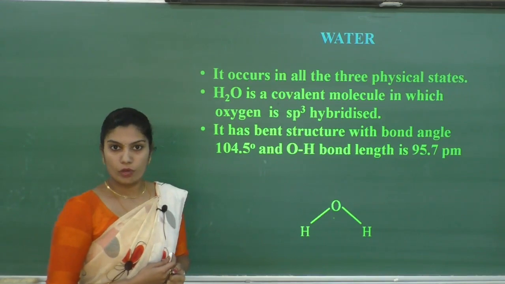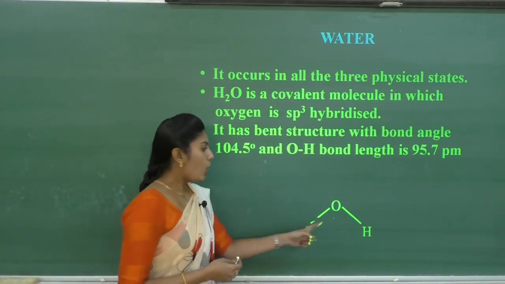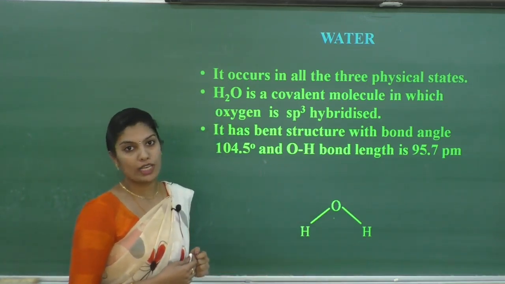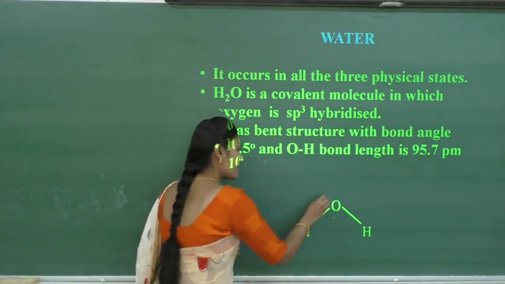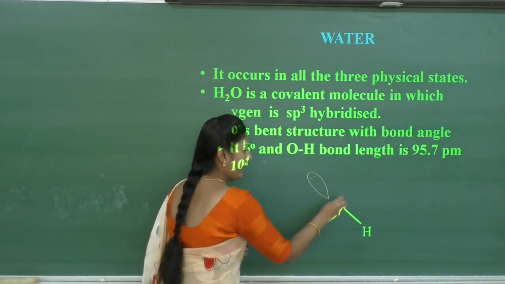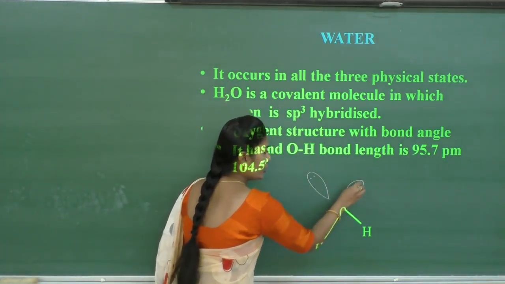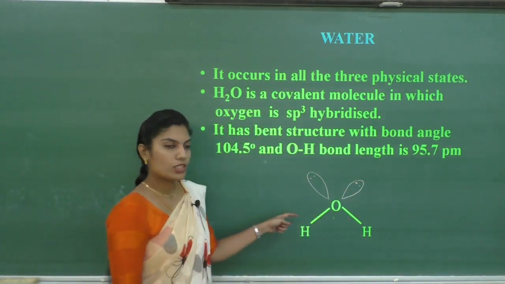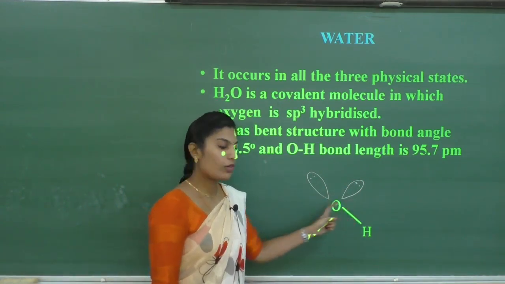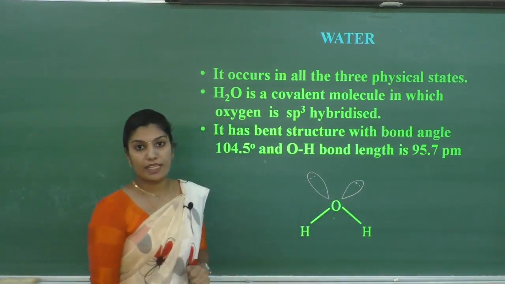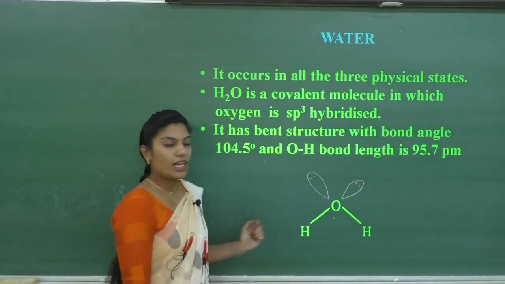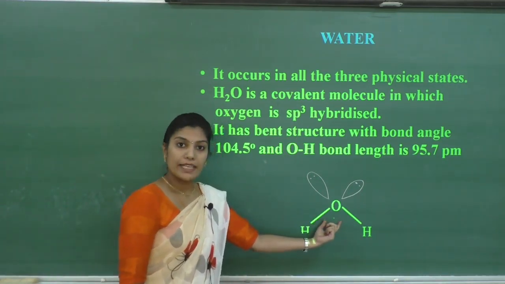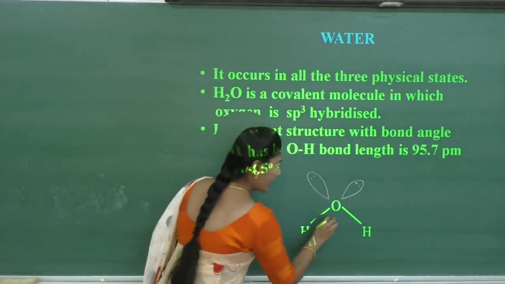Coming to the structure of water, you can observe here oxygen is bonded to two hydrogen atoms by a covalent bond, and it contains two lone pairs of electrons, so that we can say water molecule contains two lone pairs of electrons and two bond pairs of electrons with a bent structure.